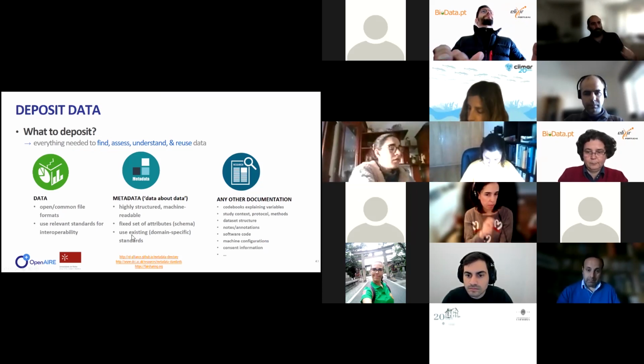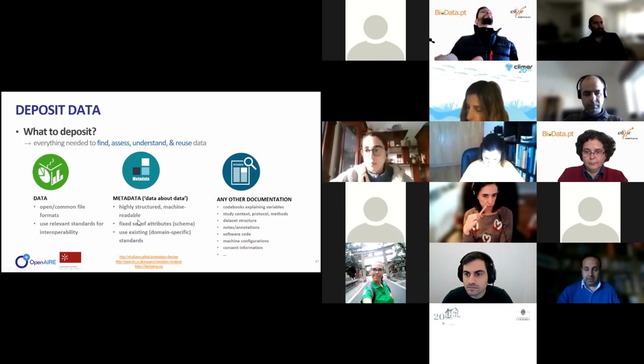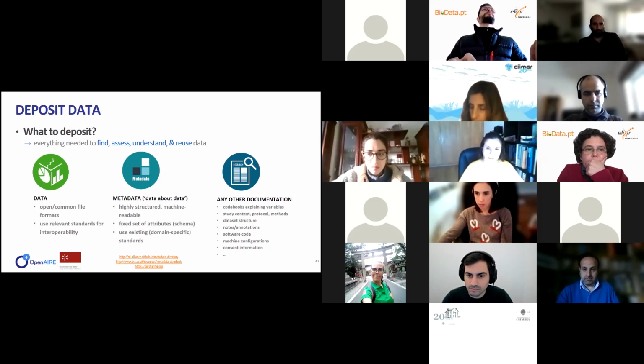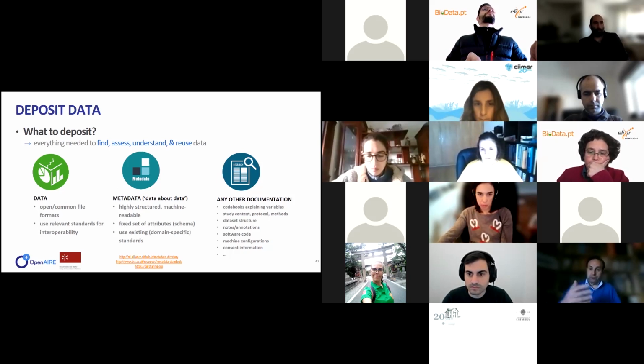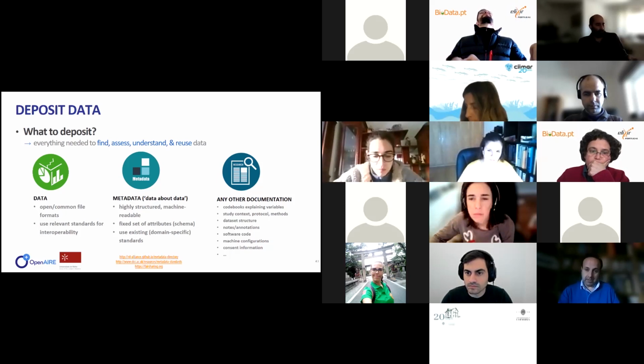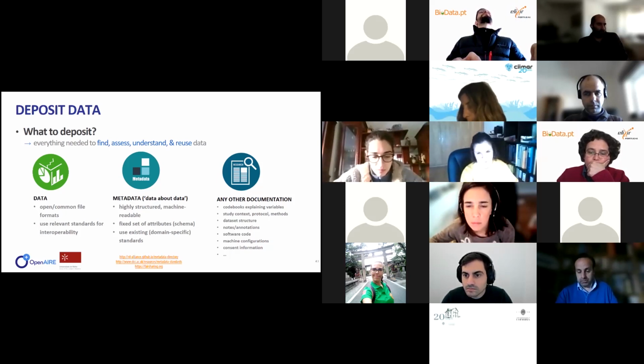Then describe the data properly using metadata, generic metadata like the Dublin Core, like Bruno mentioned, but also, if the repository allows, some more detailed metadata description. Of course, you can also attach some metadata for documenting the data, and all the other documentation.